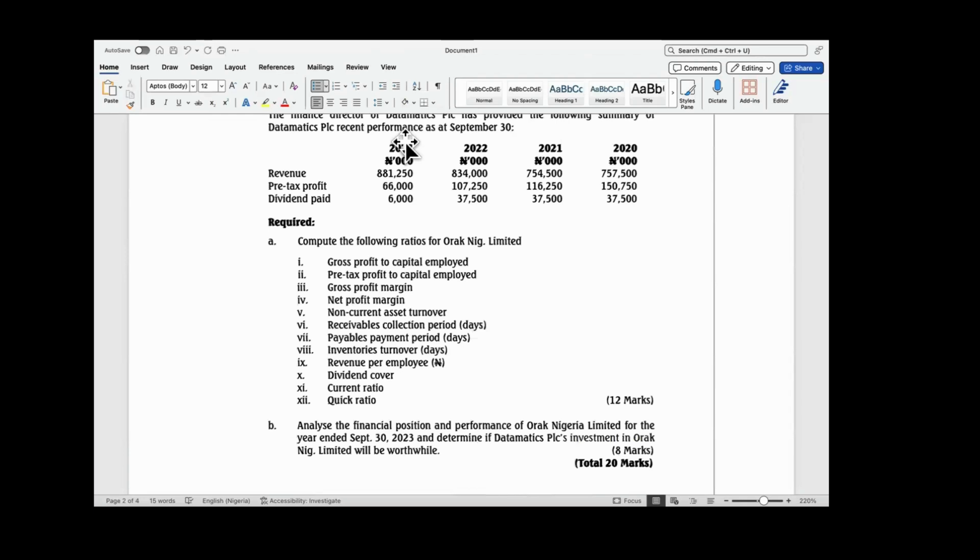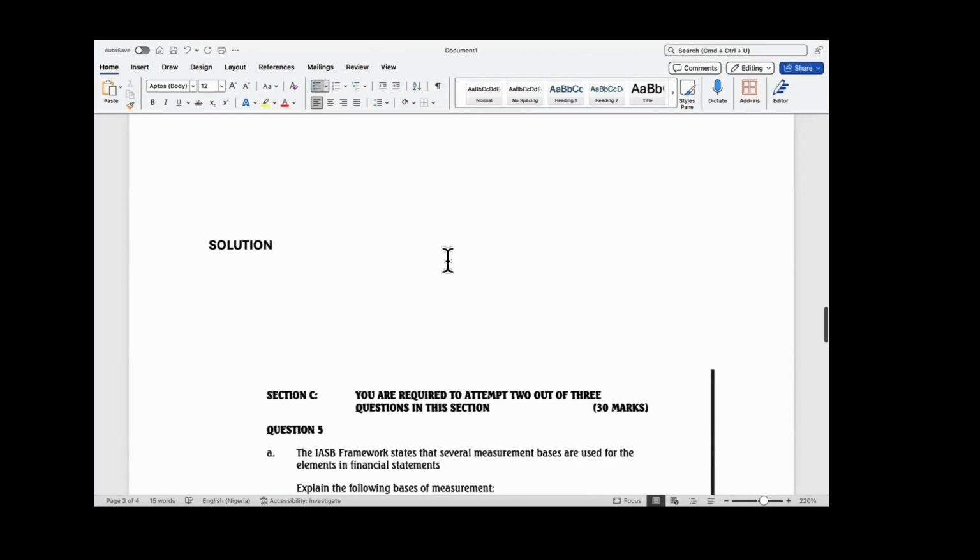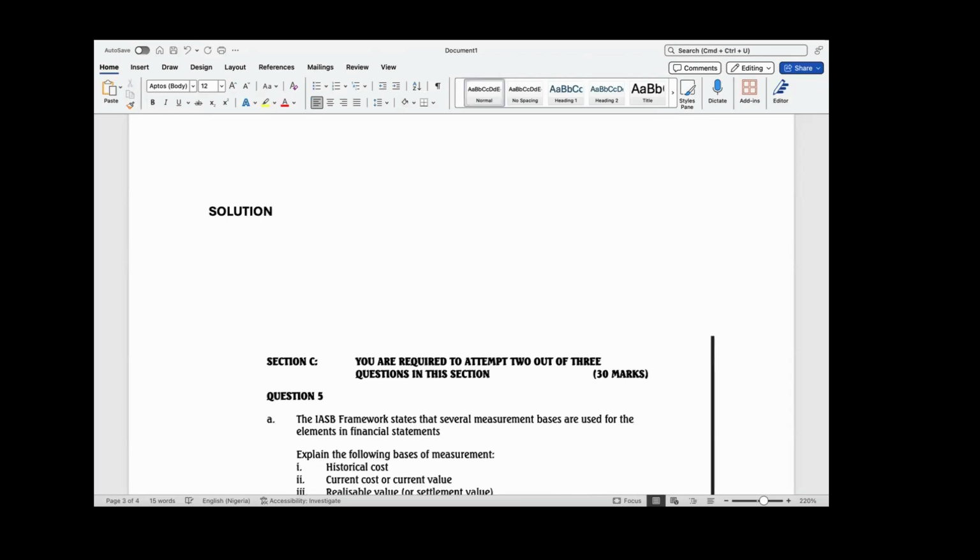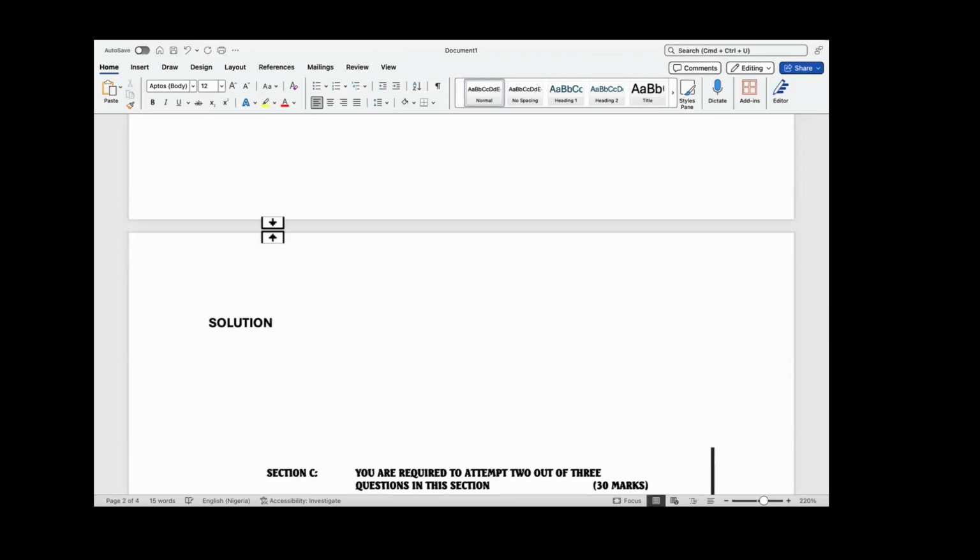So while we solve past questions, we would also have opportunity to learn the core principle on ratio analysis at the same time. And remember, I promise you that from today going forward, a major part of our classes is going to be past questions. So I'm going to effectively start that today. Even next week, past questions we'll be looking at majorly.